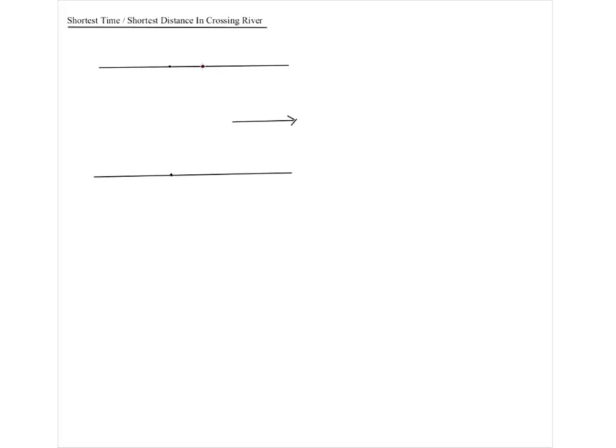What is happening is that when you go at some angle, your velocity has two components. One along the river or opposite, the other one perpendicular to it. That's the general situation at some angle.